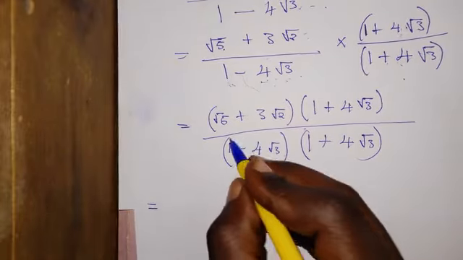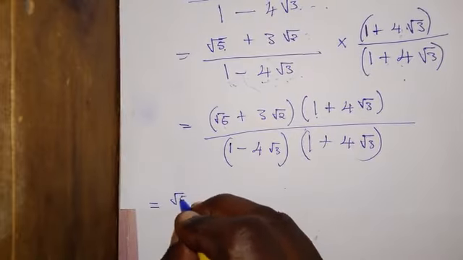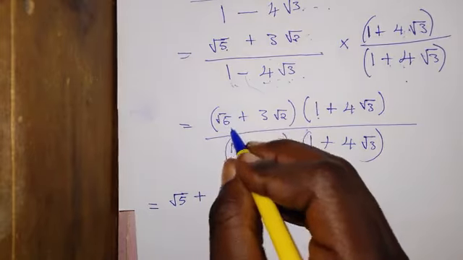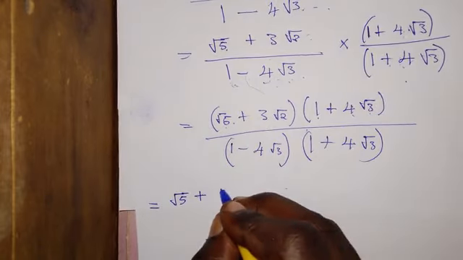Expanding the numerator, root 5 multiplied by 1, I'm going to have root 5, plus root 5 multiplied by 4 root 3. So let me take it step by step.